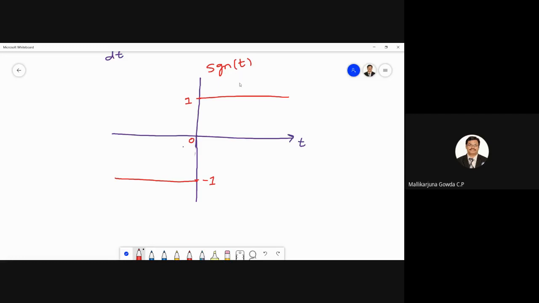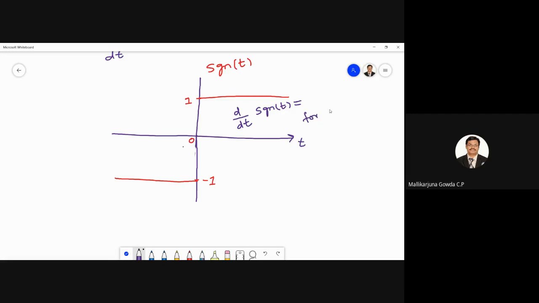So what is the derivative of this? Just quickly, anyone can say, for t greater than 0, what is its derivative? d by dt of sgn of t will be equal to what? What is the derivative of a constant? 0.